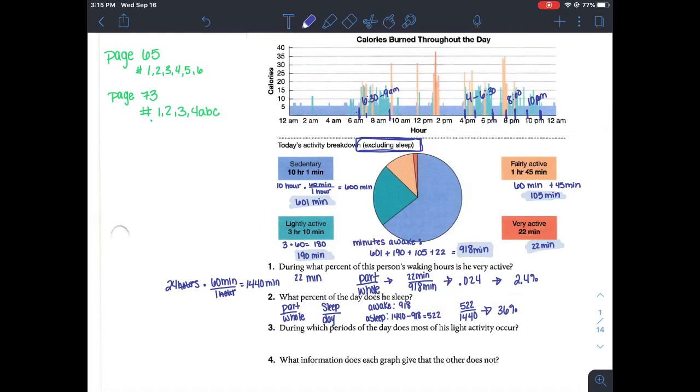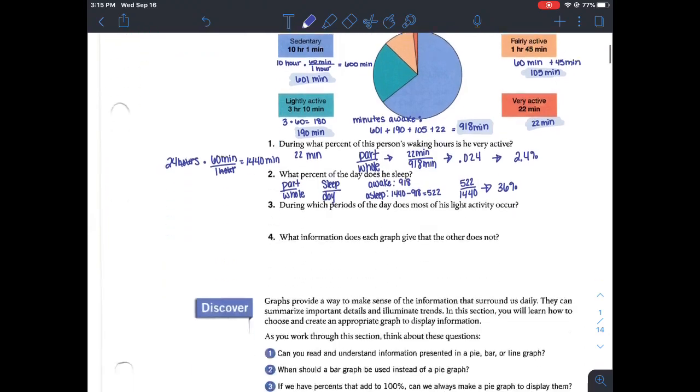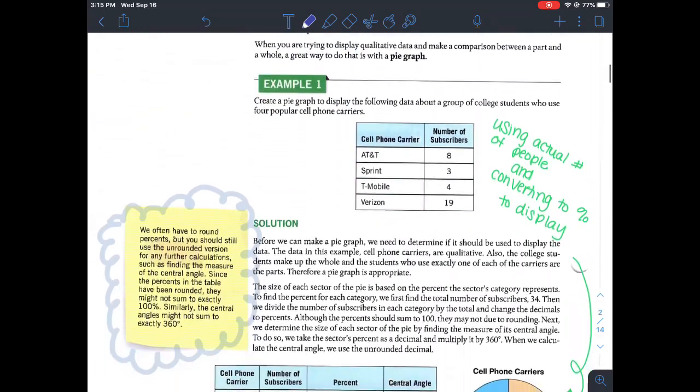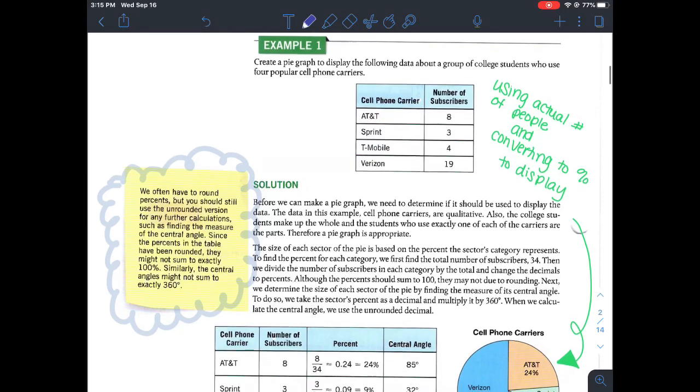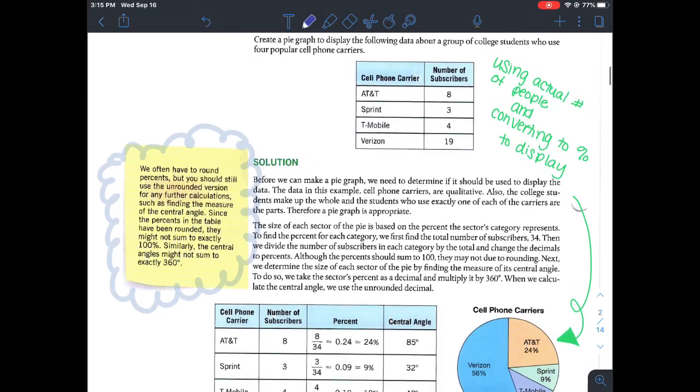All right, then from there we will go to number 2. Here's just an example of cell phone carriers and the number of subscribers for a group of college students.